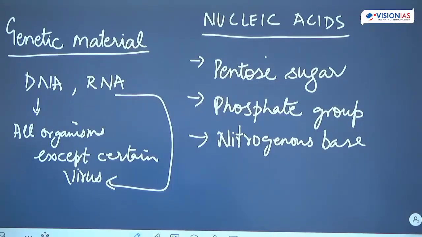They are made up of pentose sugar. You can copy this from the screen. They are made up of pentose sugar, phosphate group, and nitrogenous base.